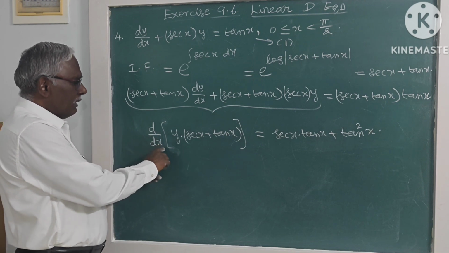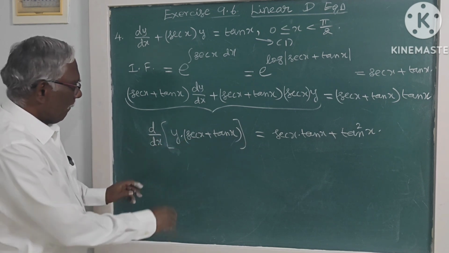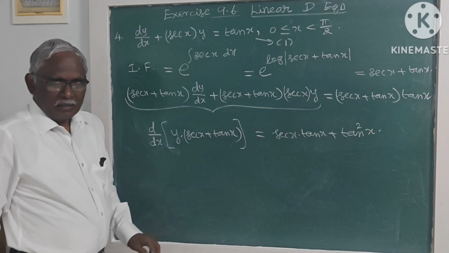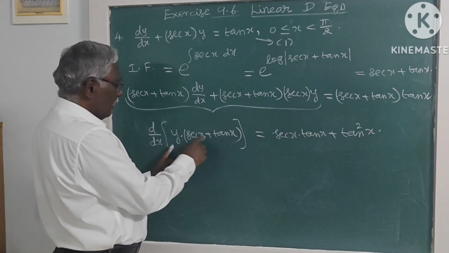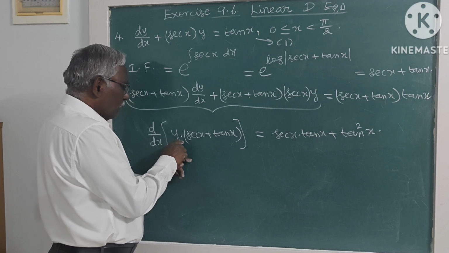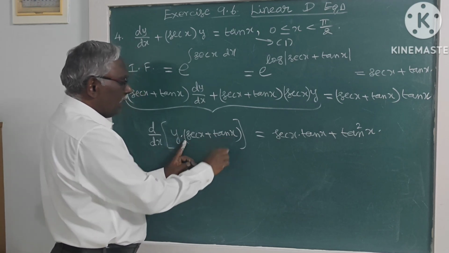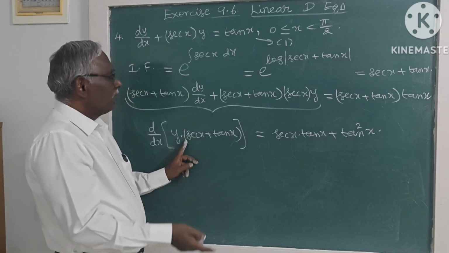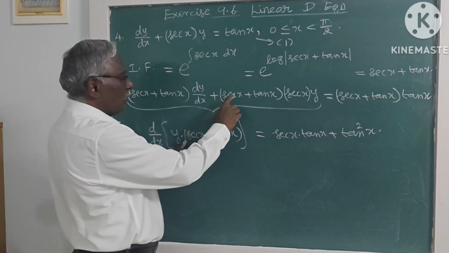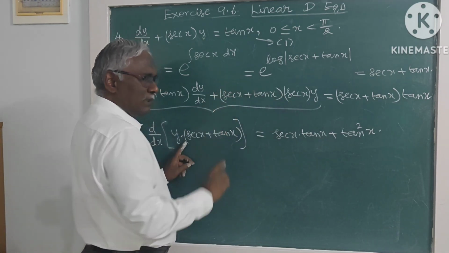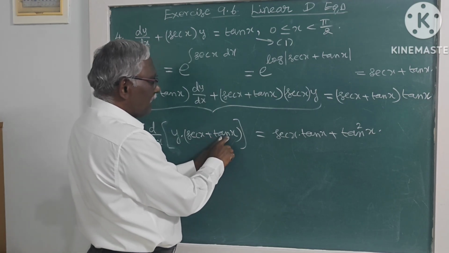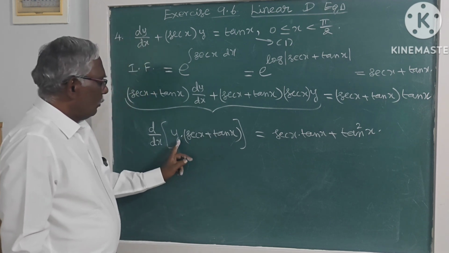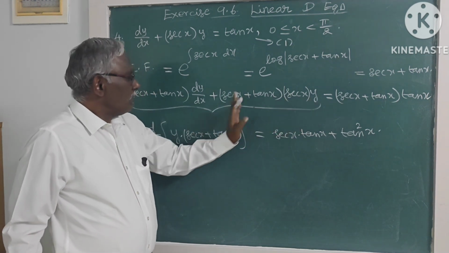Now d by dx of y into integrating factor, if we differentiate y into secant x plus tan x, this is in uv form, u into v. That is y into, if we differentiate secant x plus tan x, what will come? If we differentiate secant x, secant x tan x will come. If we differentiate tan x, secant square x will come. So secant square x is there, into y. So this is the second term.